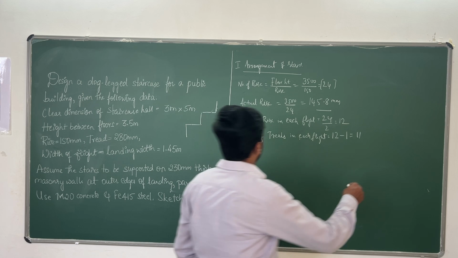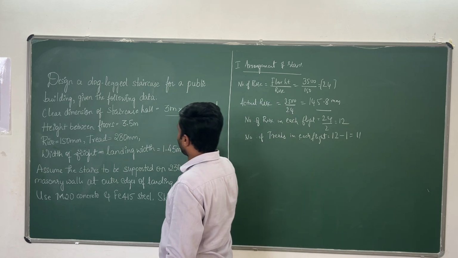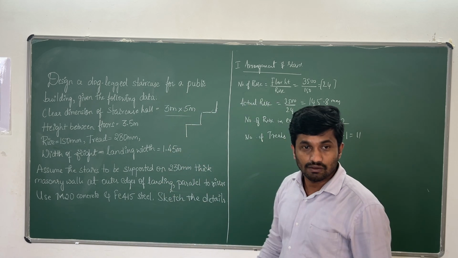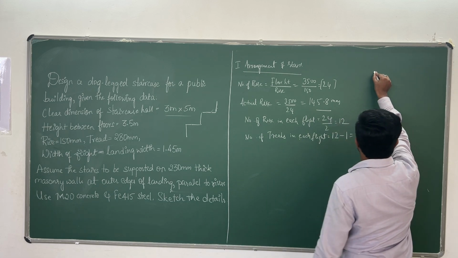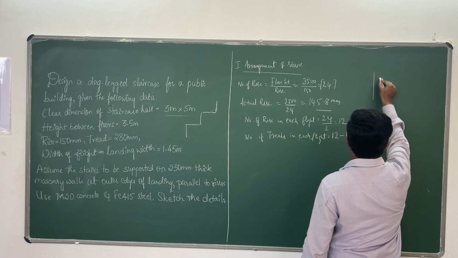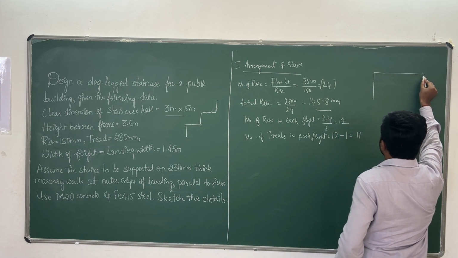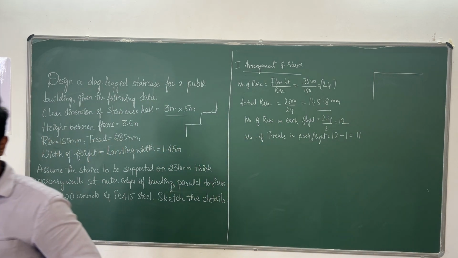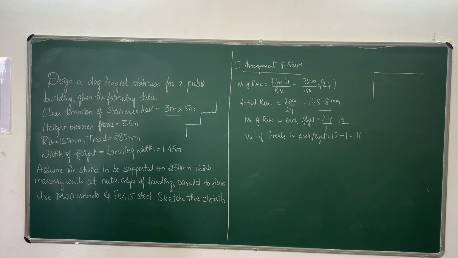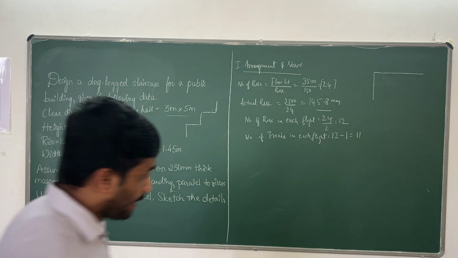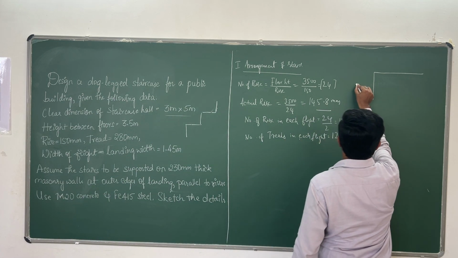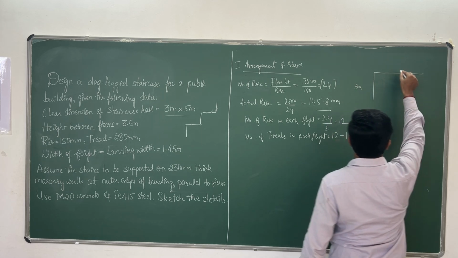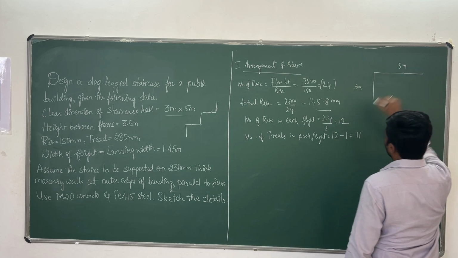It's very simple. First you observe what is the room dimension. 3 meters by 5 meters. The room dimension is 3 by 5. So this is 3 meters and this is 5 meters.